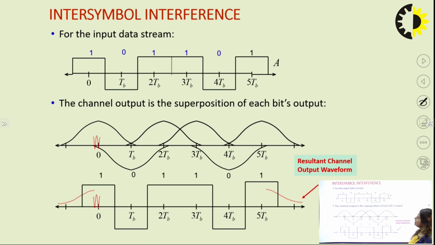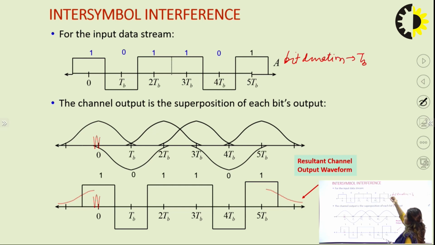In the next figure we have drawn the same thing. For the input data stream, the data is initially 101101, and the bit duration is TB.